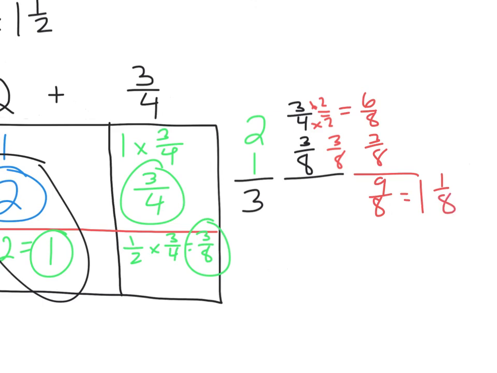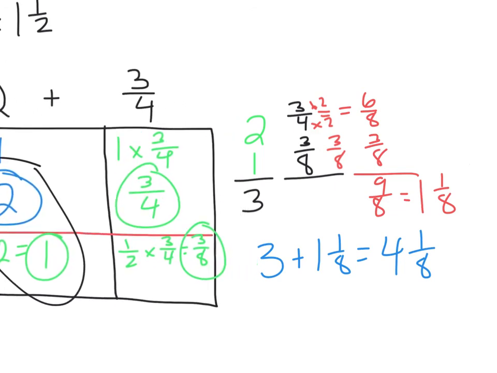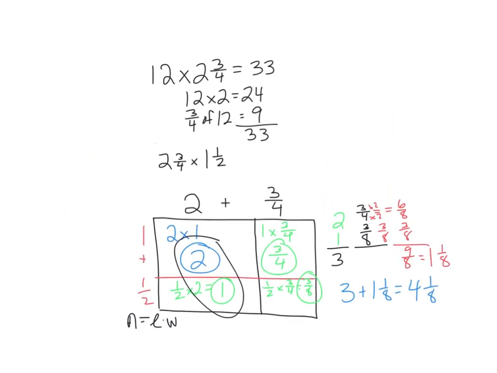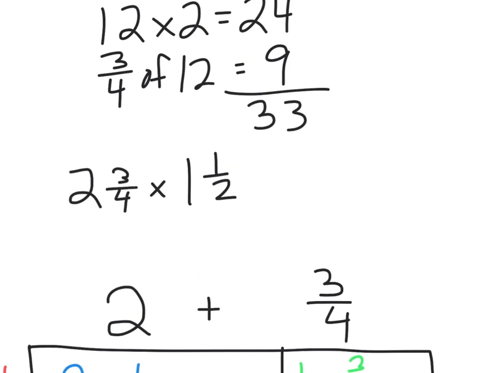And now I'm just going to bring these last two pieces together. So I'm going to take 3 plus 1 and 1/8 for a total of 4 and 1/8. Meaning, if I go back to my original problem, that 2 3/4 times 1 1/2 is actually the same as 4 and 1/8.